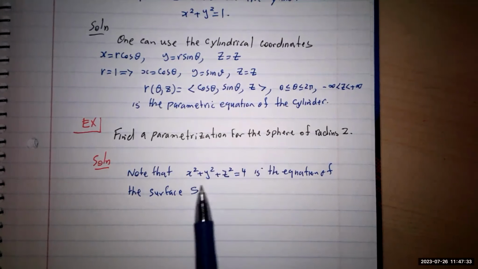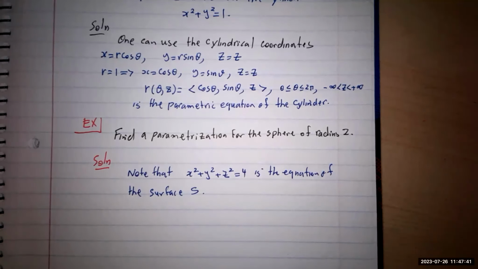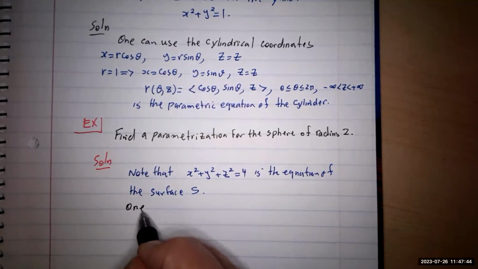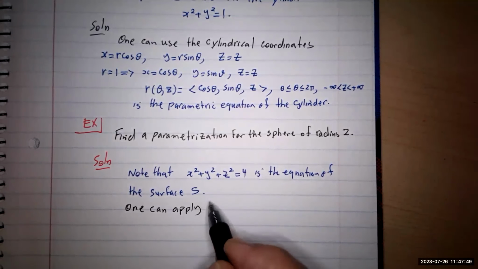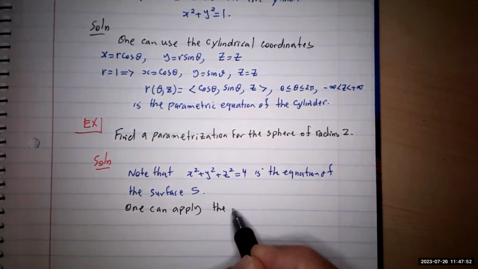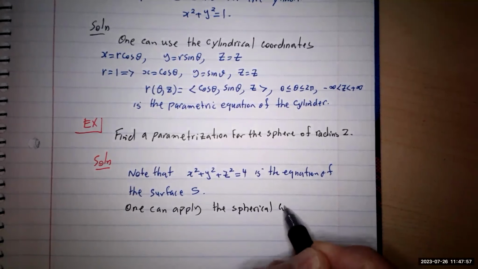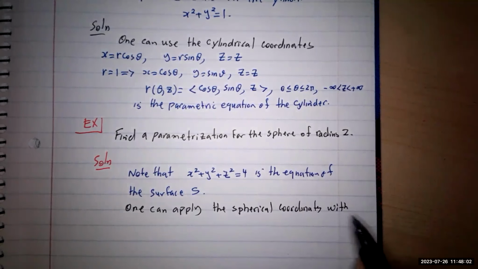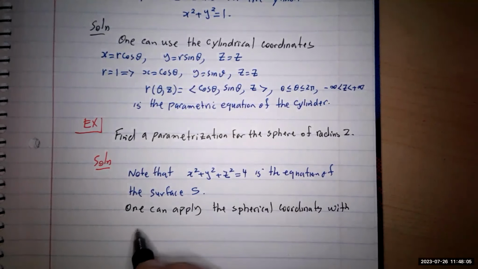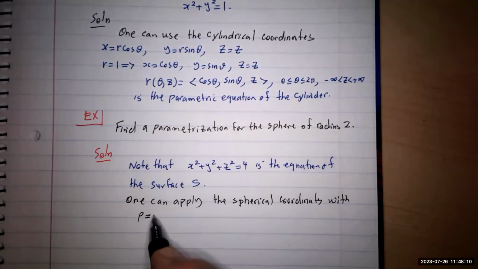But for the sphere, because you have this equation, you can use spherical coordinates. So one can use or apply the spherical coordinates. Of course, in spherical coordinates, you have the rho, with rho equal to 2, because rho squared equal to 4 gives 2.